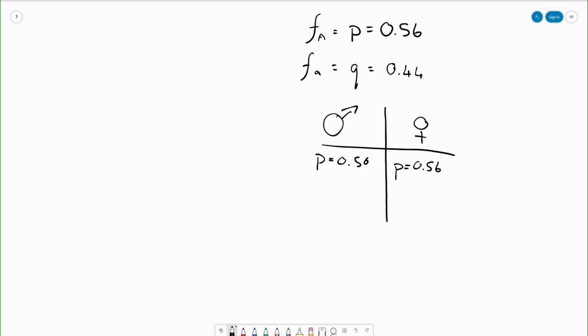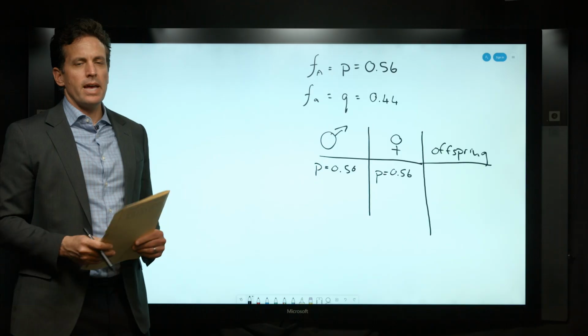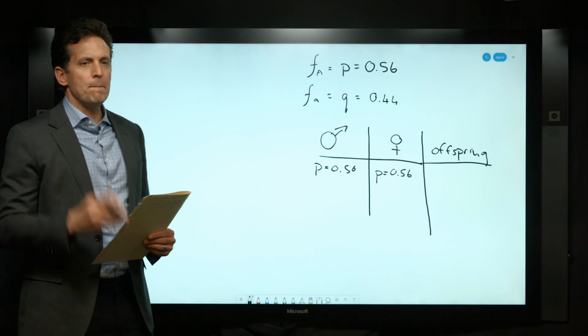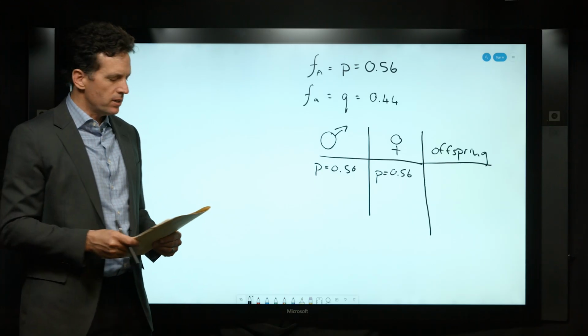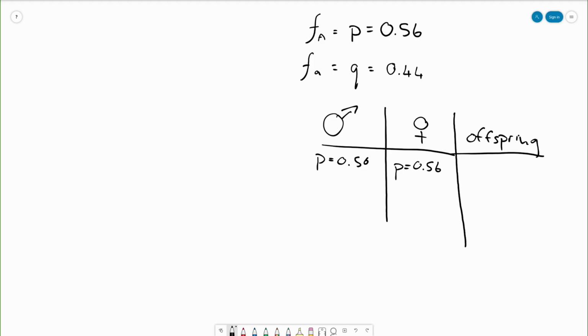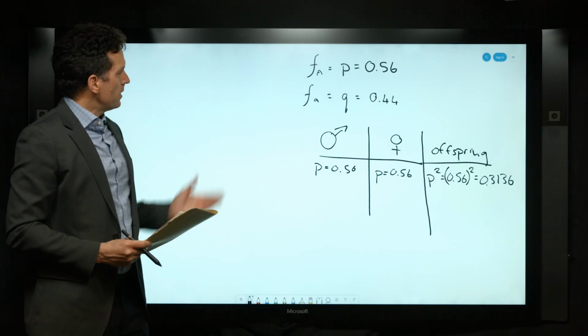And so the probability that a child, let's draw the offspring over here, we'll keep the sex of them ambiguous, the probability that that offspring is going to have a big A genotype is simply the product here equal to P squared. And that is, of course, 0.56 squared, which is equal to 0.3136.